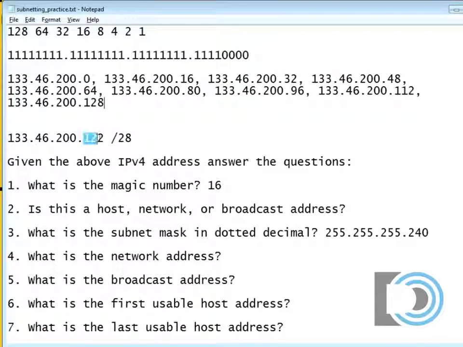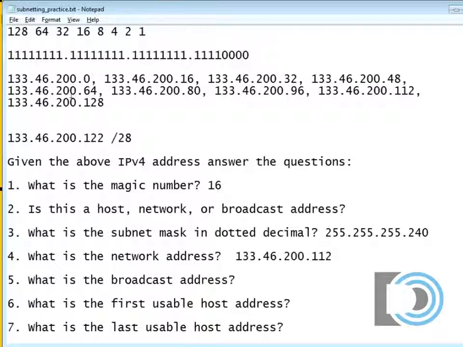So guess what? I can stop right there because my number, 122, is in between the 112 network and the 128 network. So since 122 is in between 112 and 128, I've just found out the network. The network address is 112.